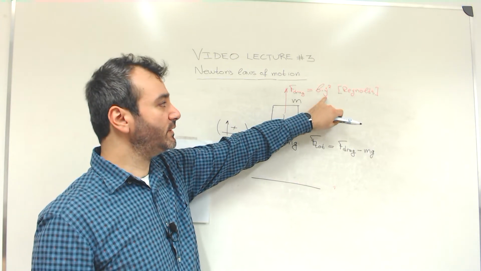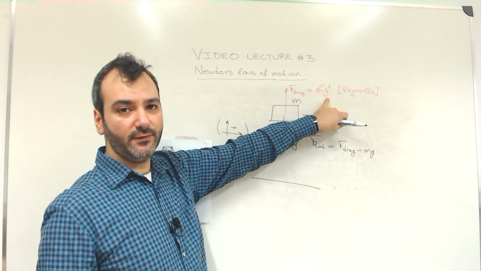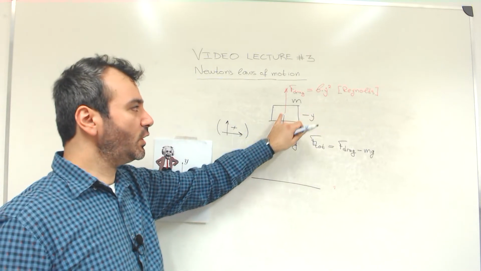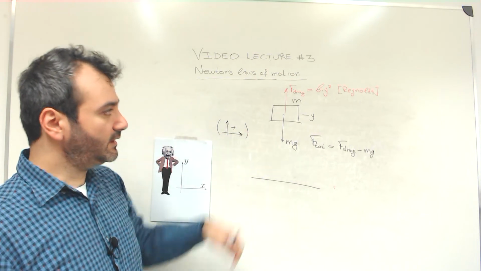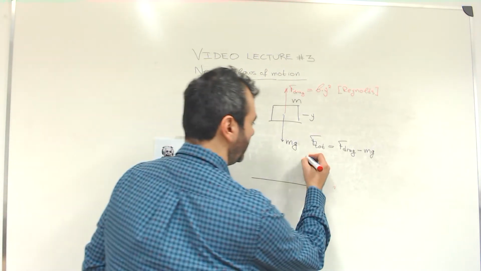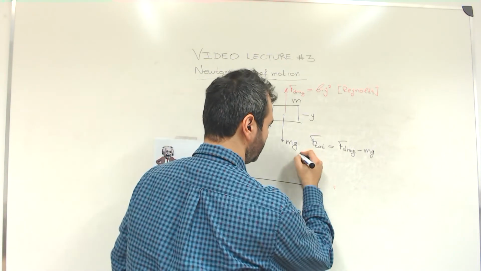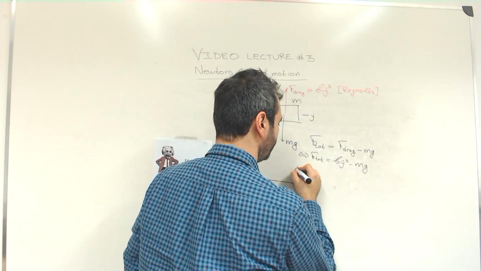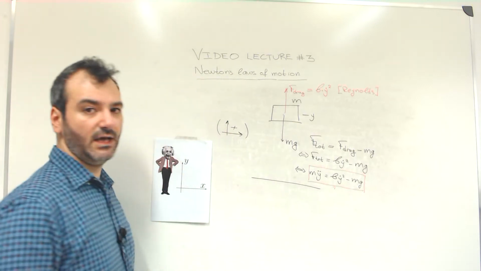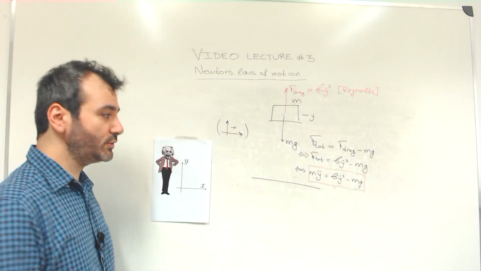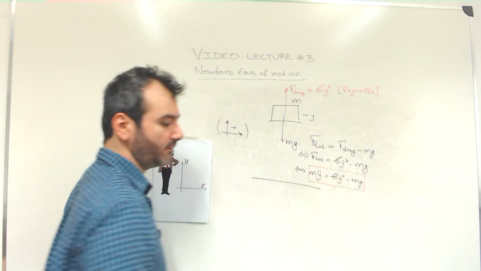It is a constant coefficient times the square of the velocity of the object. And it has the opposite direction with respect to the velocity, which is downwards in this case. So equivalently, and this now is the new equation of motion, which takes into account the drag force.